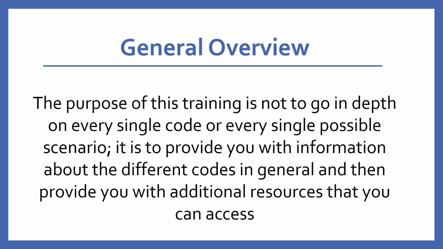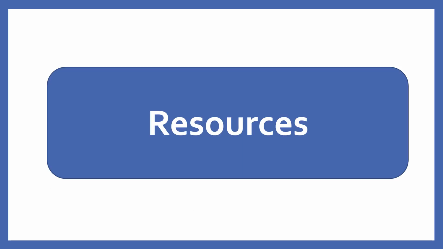The purpose of today's training isn't to memorize every single code or situation. That would be overwhelming and unnecessary. Instead, this training is designed to help you understand the overall structure of the codes and how they relate to your work. The following slides contain a view of resources that will be helpful in choosing a code that best fit the activities you were doing at the time of the random moment.